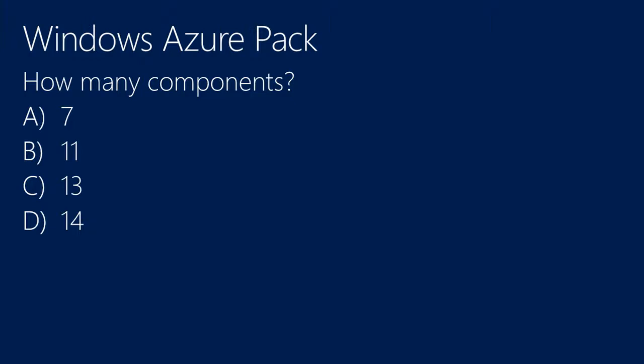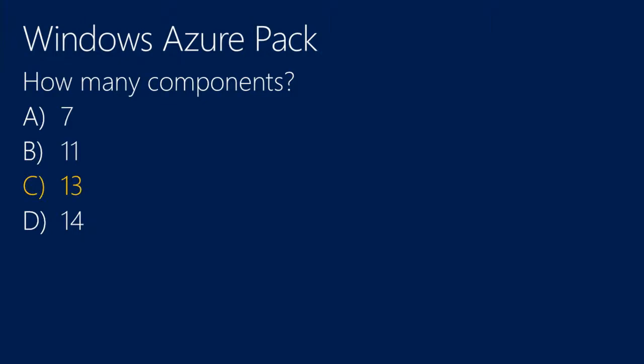So who will say A? No. 2. Who will say B? 11. 4. Who will say C? That's a lot more. And who will say D? Well, the last two are both true. And I'll explain why.